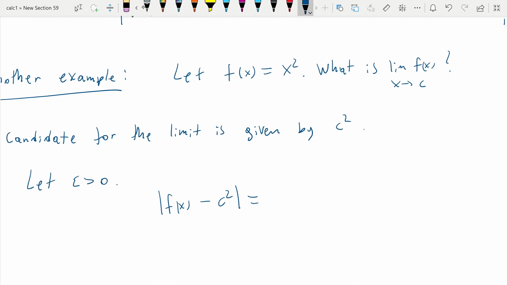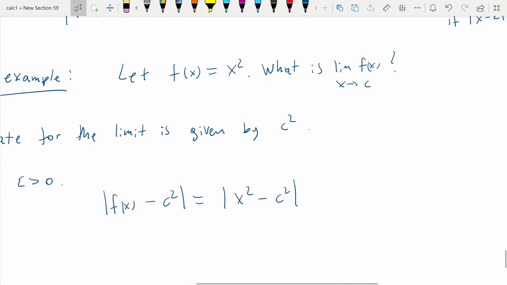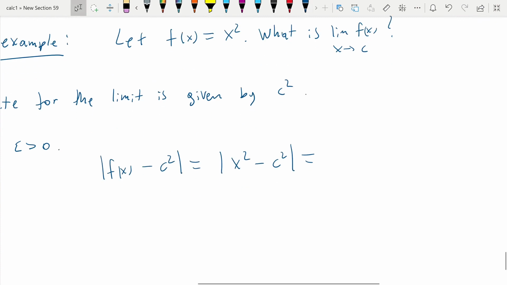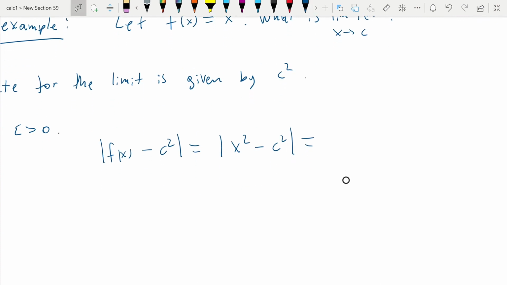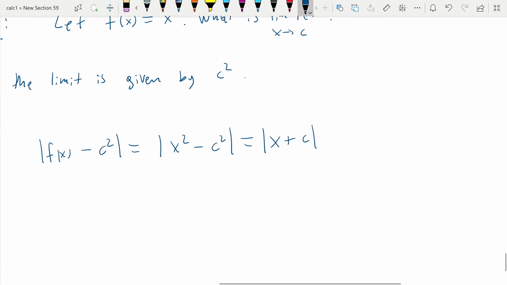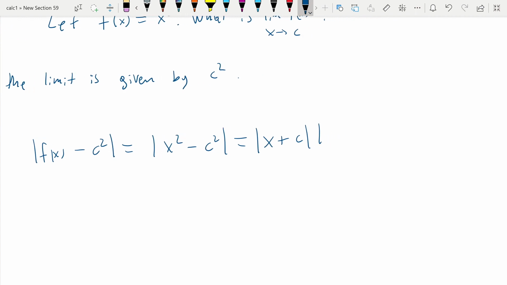And we perform all the operations we need here in order to express everything in terms of the distance between x and c. So this is the same as the absolute value of x plus c times the absolute value of x minus c. You know this is true because this is just x plus c times x minus c.